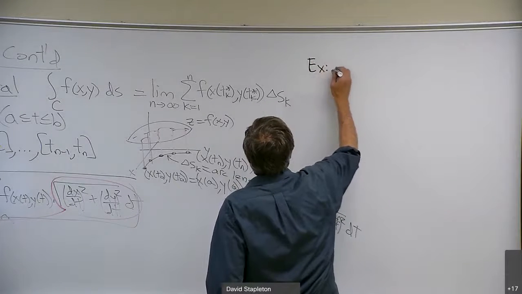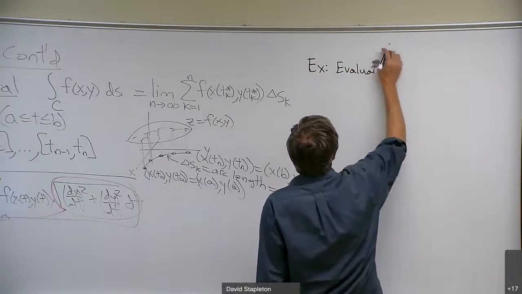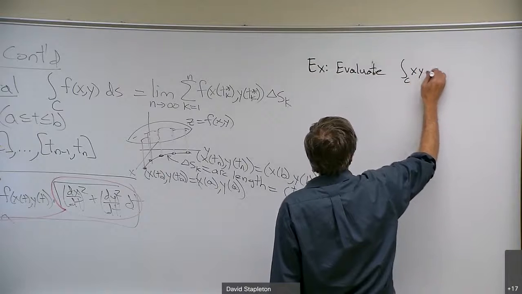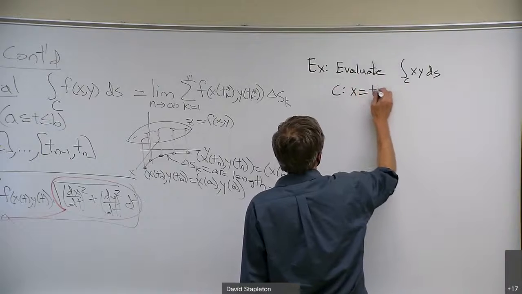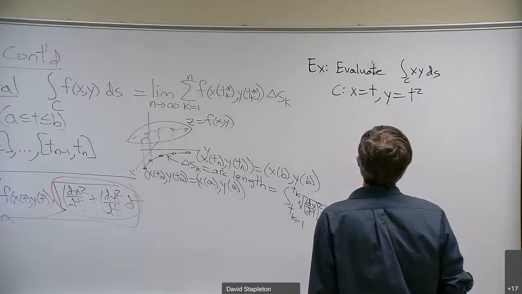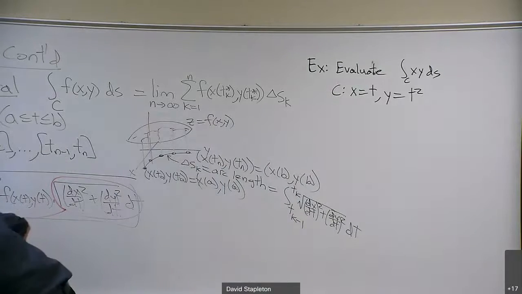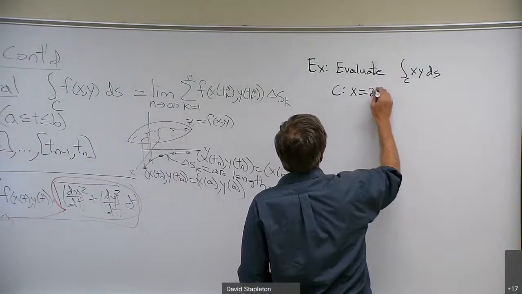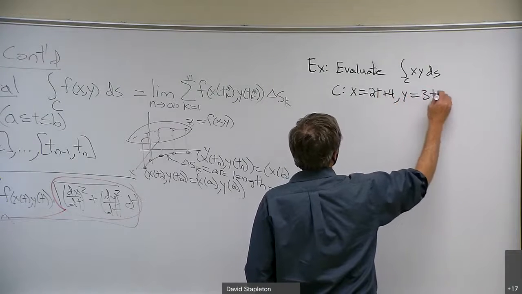So, for example, evaluate the line integral along C of xy ds, with C given parametrically by x equals 2t plus 4, y equals 3t plus 1.